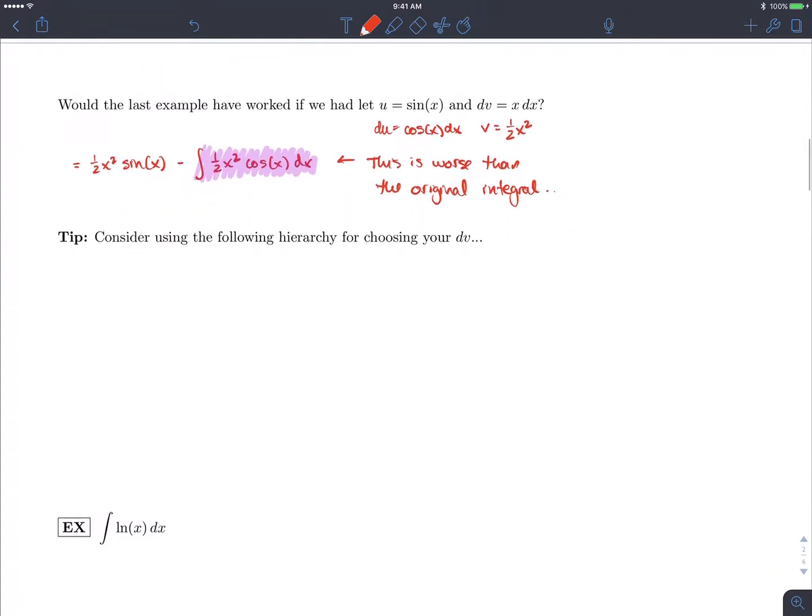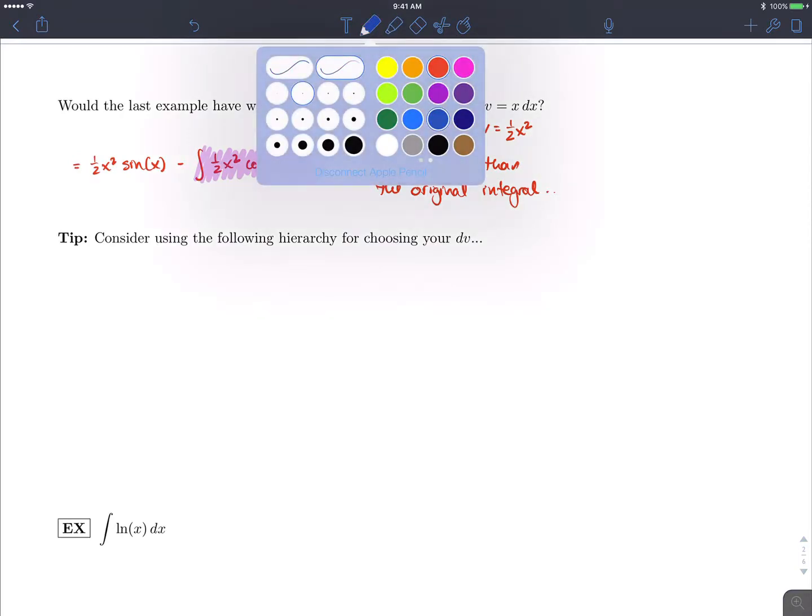So let's consider this suggested hierarchy that you can use for choosing your dv. We'd already talked about that choosing dv first might be a good idea. So let's work through this.